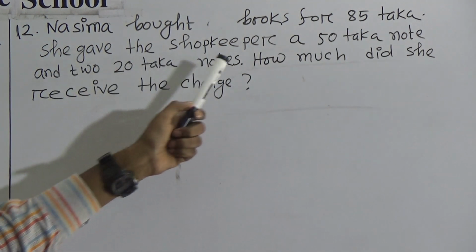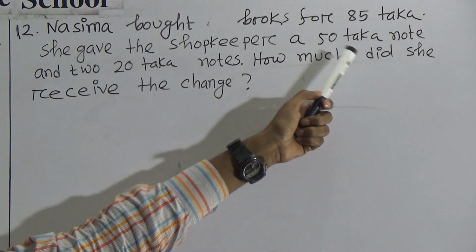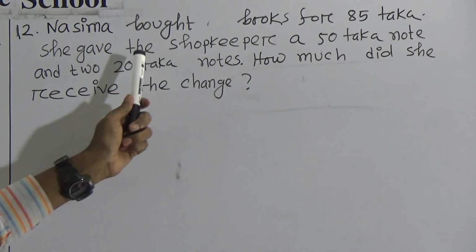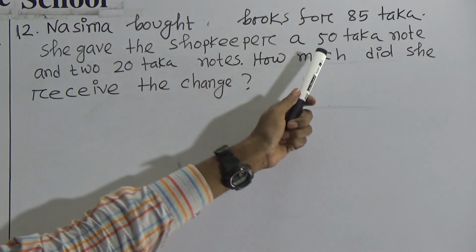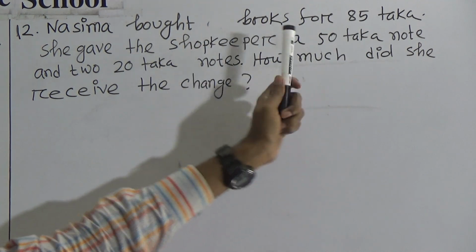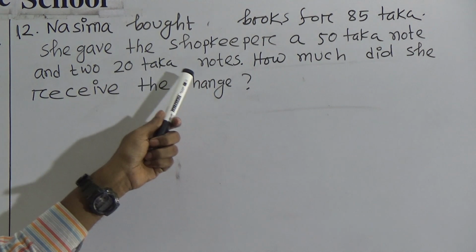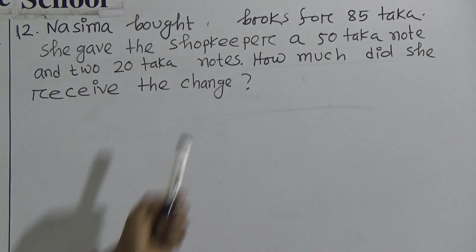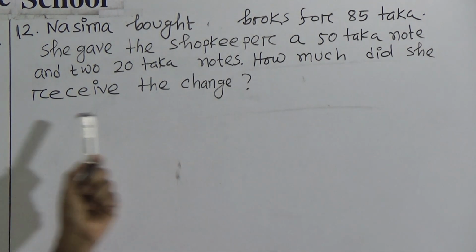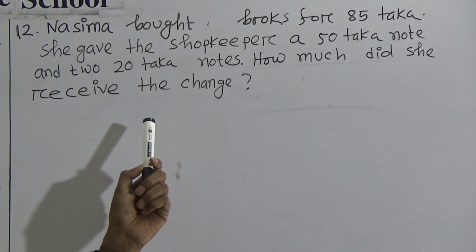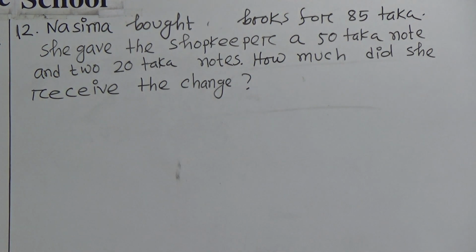She gave the shopkeeper one 50 taka note and two 20 taka notes. Now, how much change did she receive back from the shopkeeper?